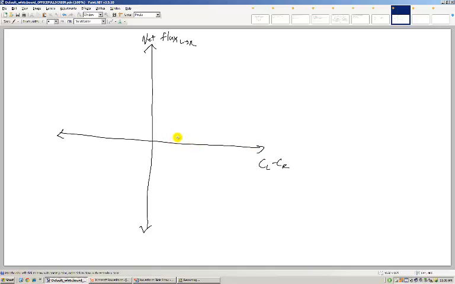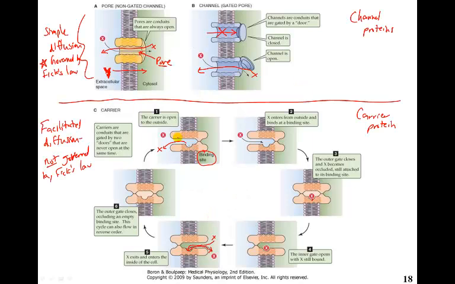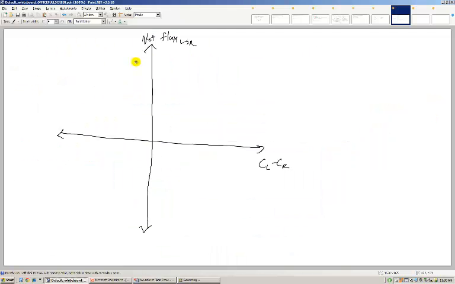So if we look at simple diffusion, either passage directly through the membrane or through a transport protein, what you find is that when there's no concentration difference, there's no flux. So if this is 0, this is positive and this would be negative.